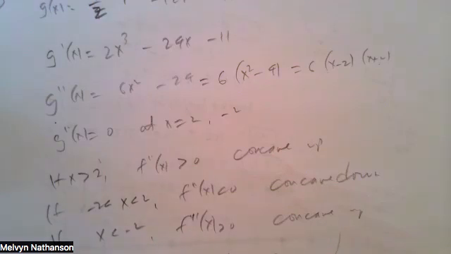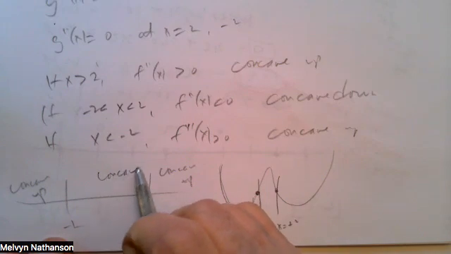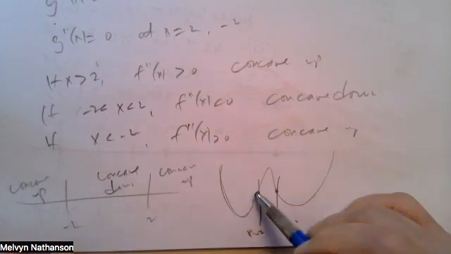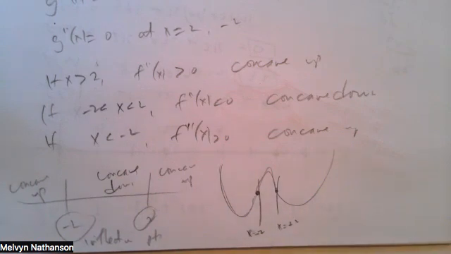So here is concave up, x bigger than 2, concave up, in between, concave down, that's this. And here we have the inflection points. That's the answer. Any questions about that?